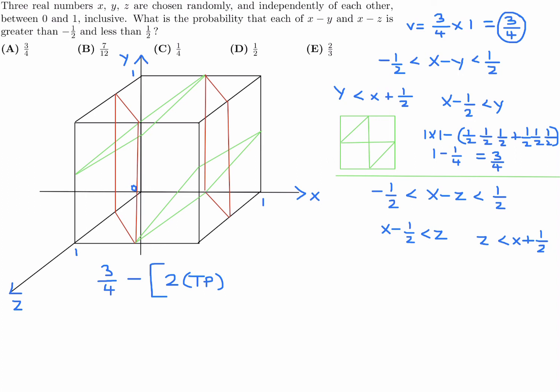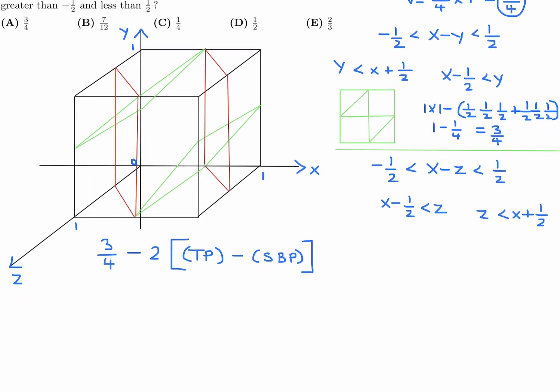But before we subtract the triangular prism, we have to subtract this segment of it. This segment that is not part of the triangular prism. See what I mean? And that is actually a square base pyramid. Square base pyramid.